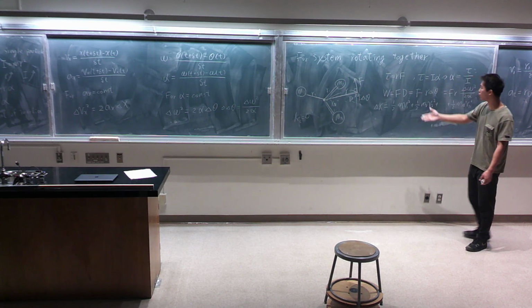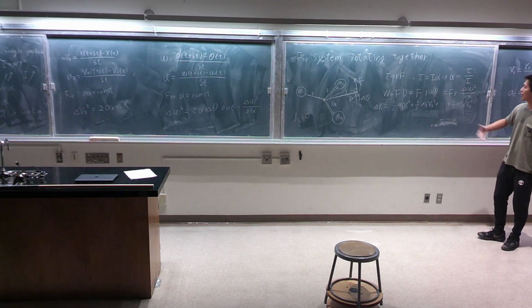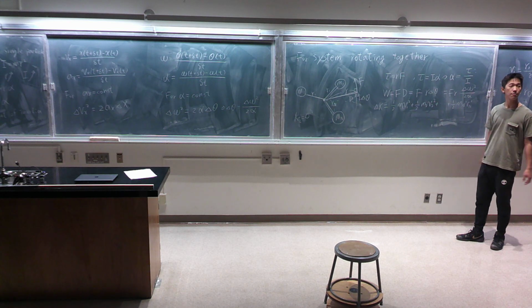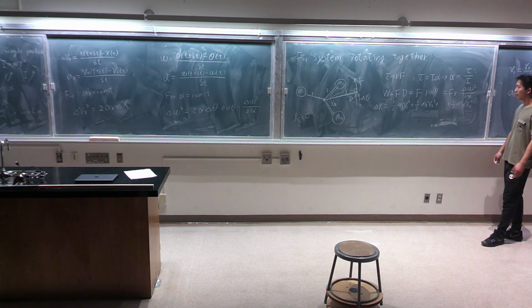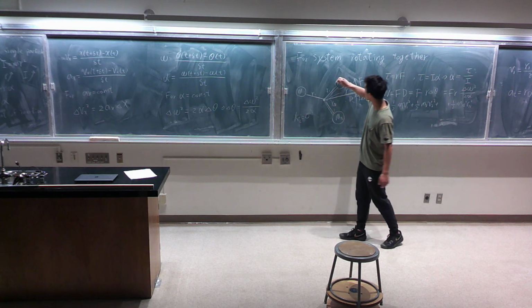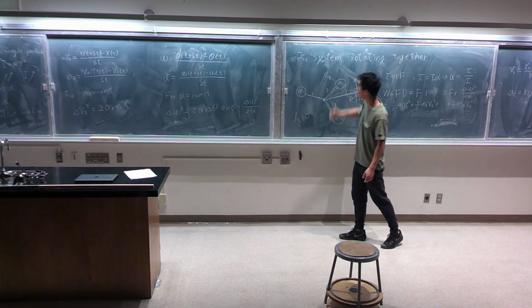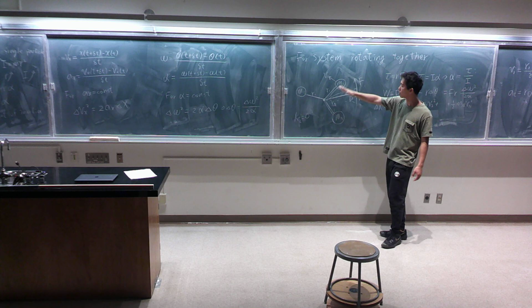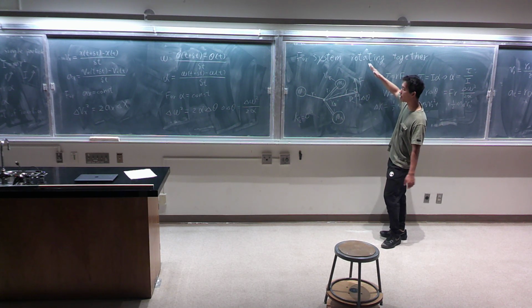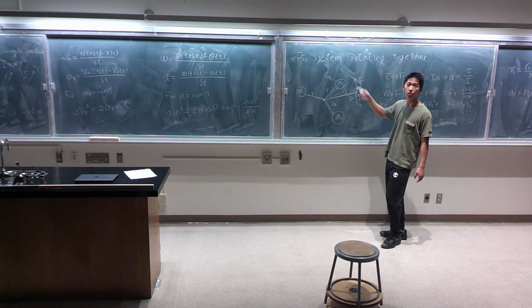So after you input the work, the kinetic energy will change by this. Okay? So the speed is the speed of an individual particle. If the particle is closer to the center, the speed will be slower. If it is far away, the speed will be faster when you are rotating together.